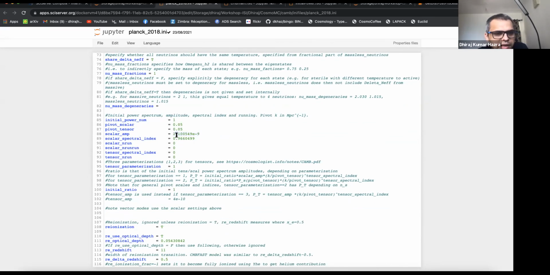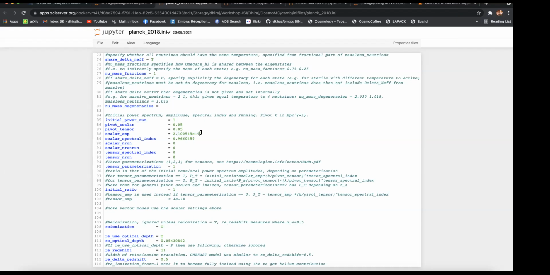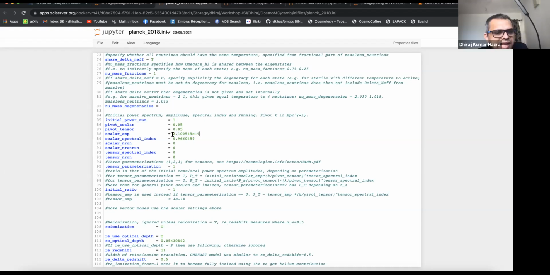If you remember correctly, I had redefined a function, 2.1 into 10 power minus 9 times k by 0.05 to the ns minus 1. Ns was 0.965 or something like that. For that, we have been able to match the m square phi square models, primordial power spectrum. All right.